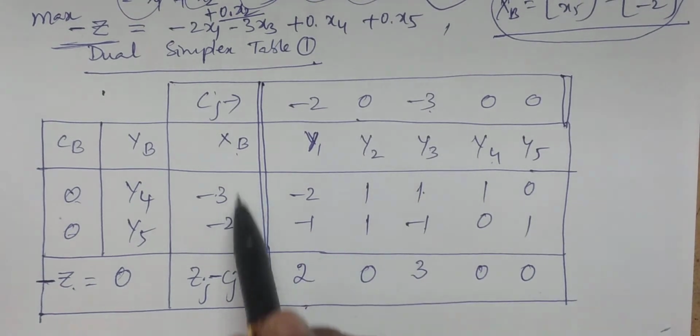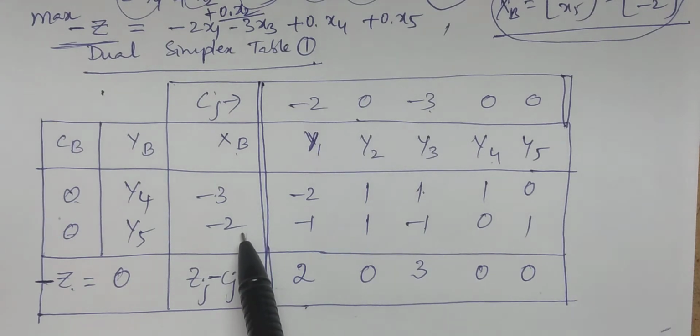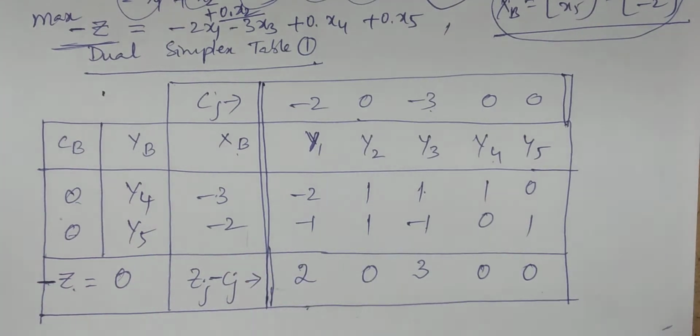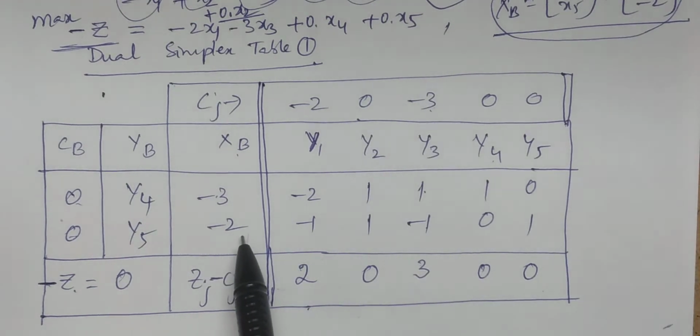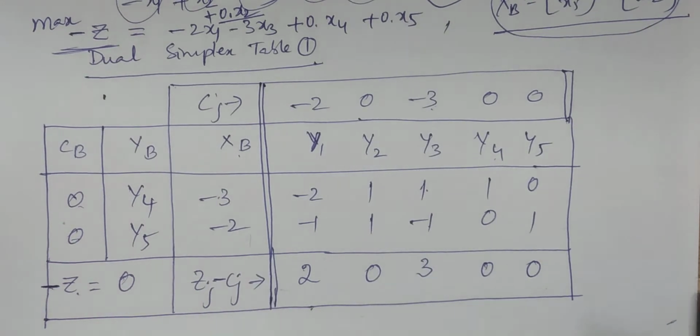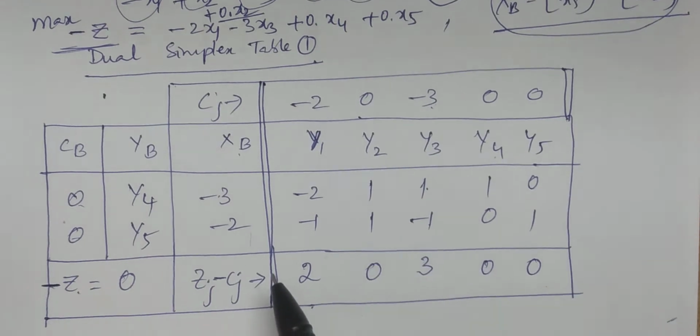If all xbi are greater than or equal to 0, then we have to apply the simplex procedure. If at least one xbi is negative, less than 0, then you have to consider the formula and go to the next step, the formula of the minimum of xbi less than 0.